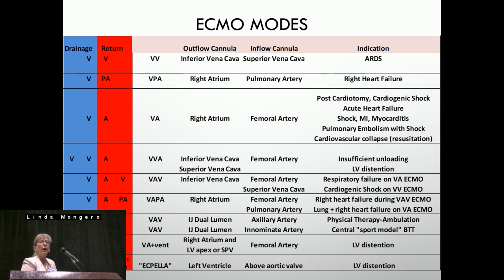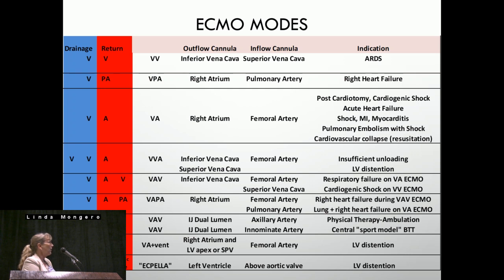Now a lot of people are beginning to vent, and I'm asked all the time when I give presentations: how do we vent, where do we vent, how do we do it? Some of the ways right now that I'm finding are VA vents with right atrium and then the left ventricular apex back to the femoral artery, and that would be, again, for left ventricular distension.